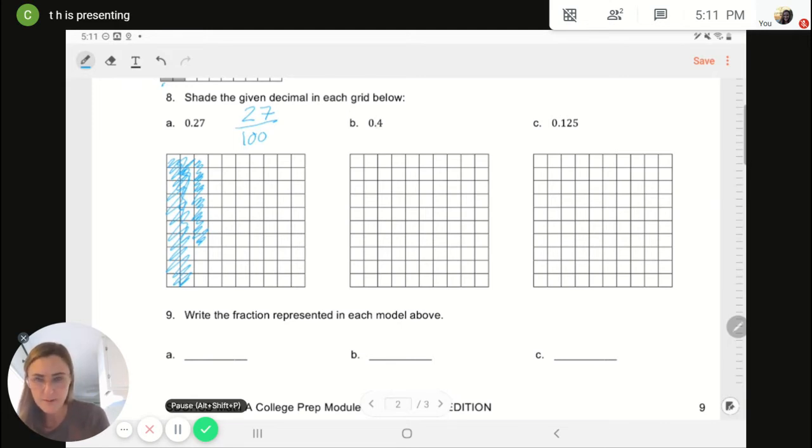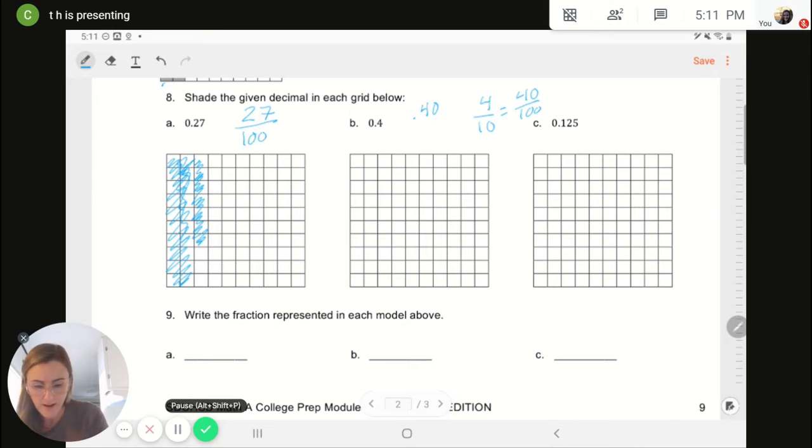Now this is 0.4. I could also write this as 0.40. That's actually the same thing. This is 4 out of 10, or 40 out of 100. These are all the same amount.